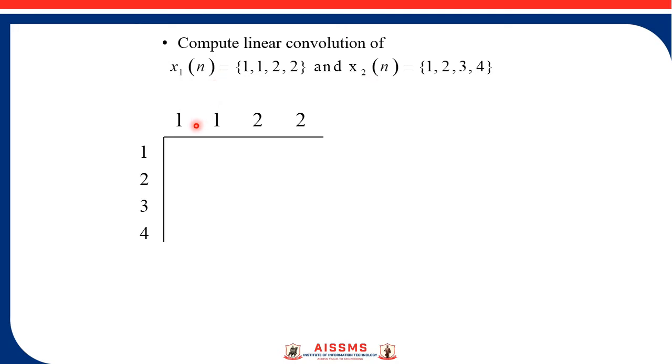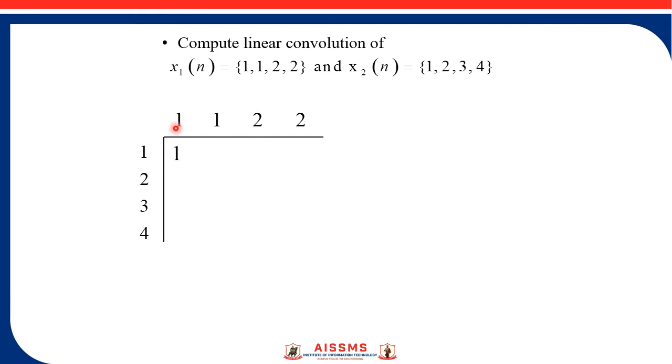So first of all, I have written x1(n) samples in horizontal fashion and x2(n) samples in vertical fashion. Now next, I am going to multiply these samples in a row and in a column. So 1 multiplied by 1 is 1.